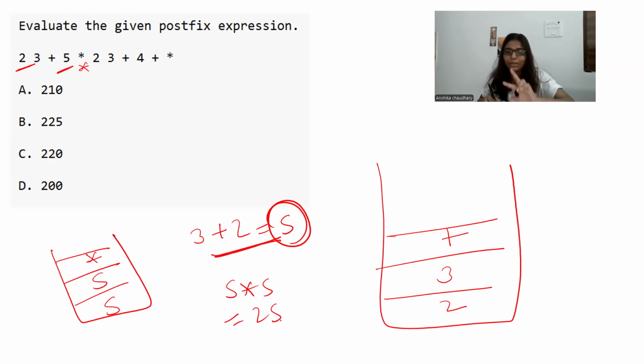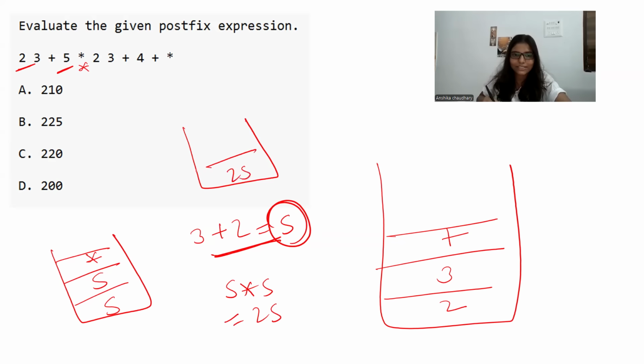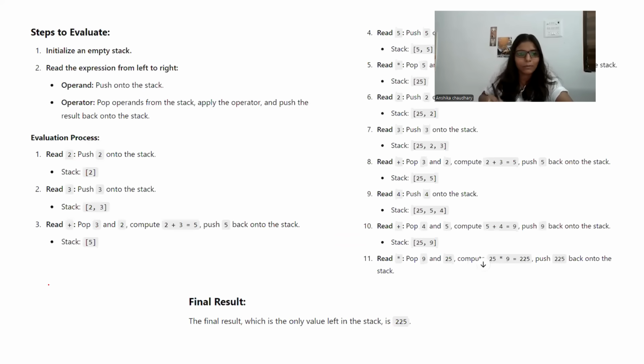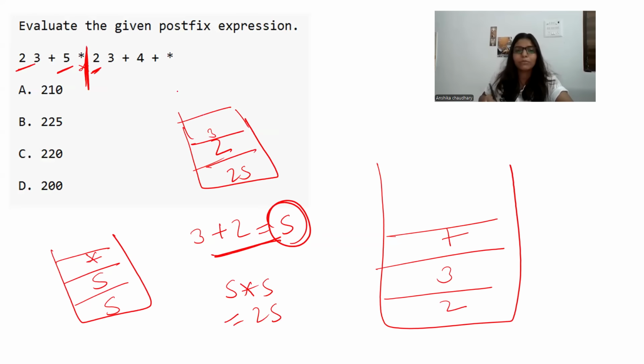Now this resultant will be stored in the empty stack. So let's store this resultant 25 here. Let's read again. Till now we are done with this. Now let's read this. 2 will be read, then 3 will be read. Then what we will get is plus.